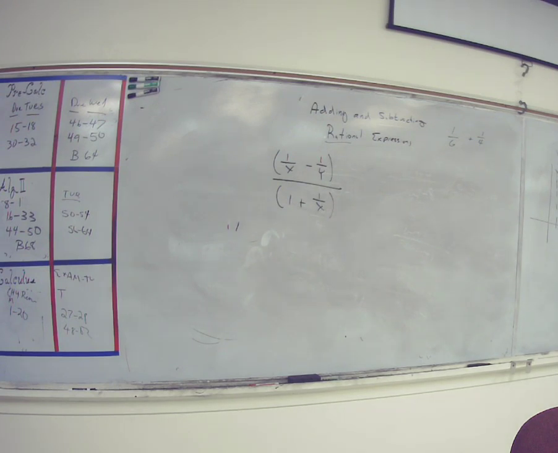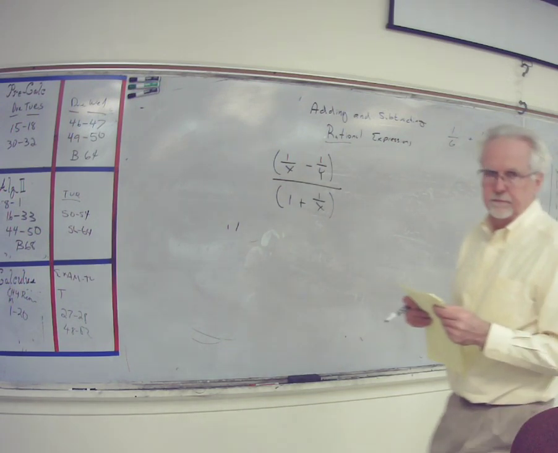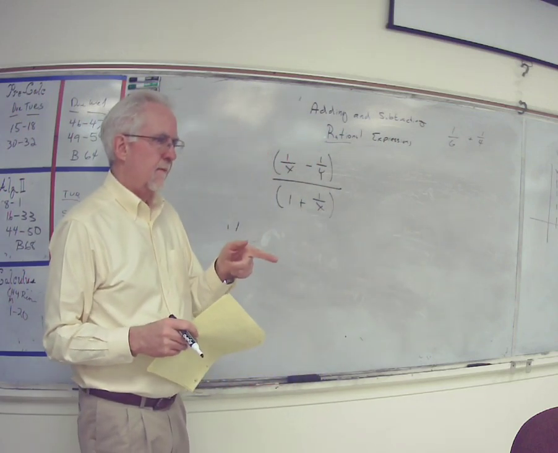Why don't we try to work this two different ways? What's the first way? Somebody just tell me out loud one way that we could work this. Multiply by the reciprocal.